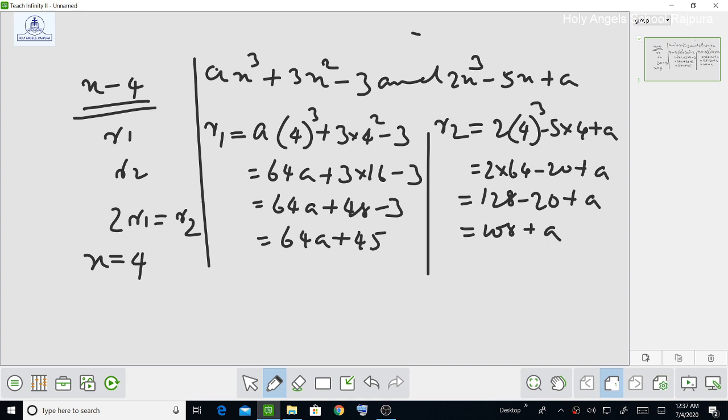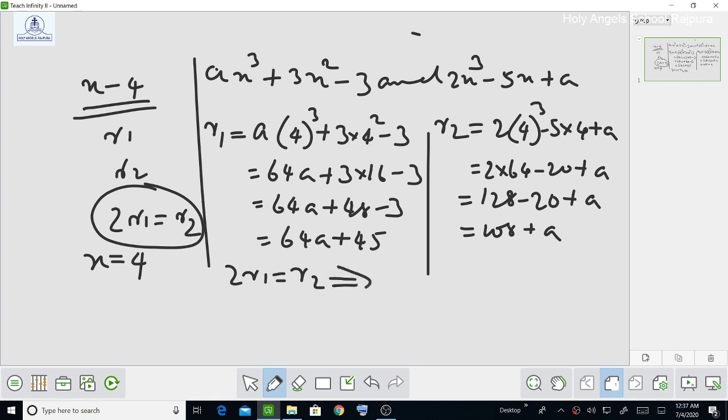Now we go back to the relation between R1 and R2. Here is the relation between R1 and R2. Twice of R1, 2R1 is equal to R2.